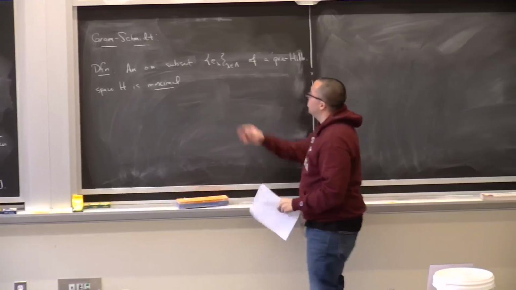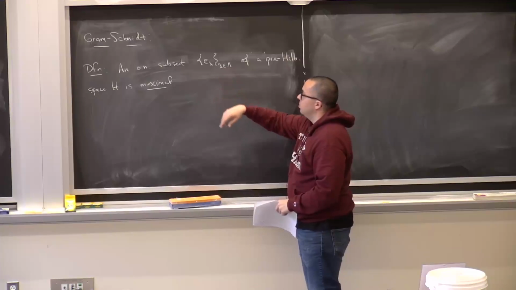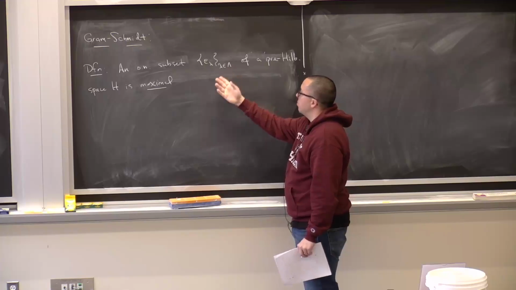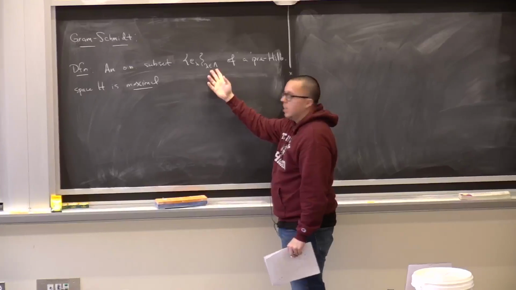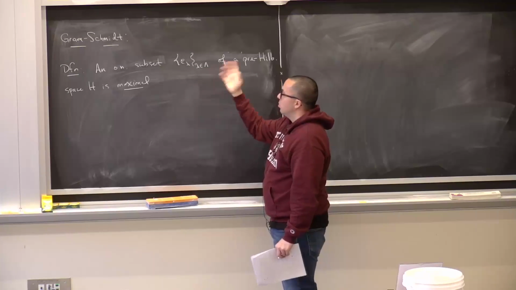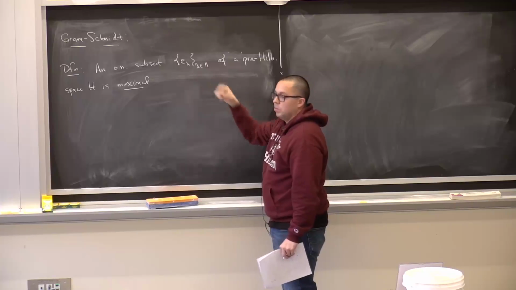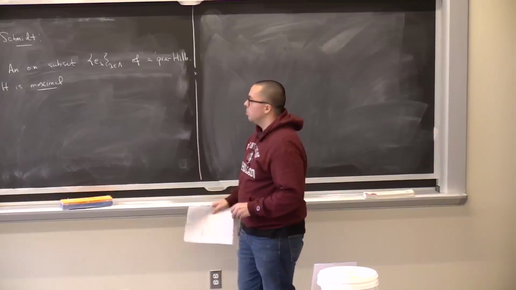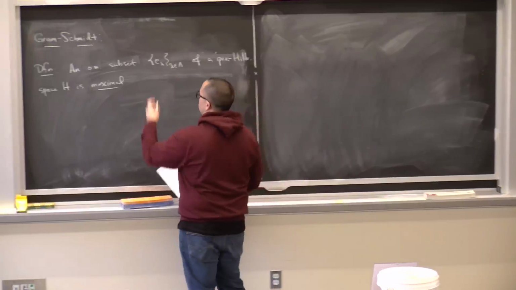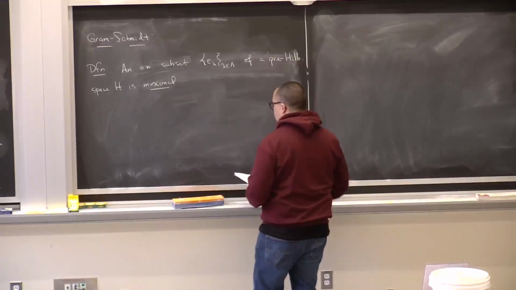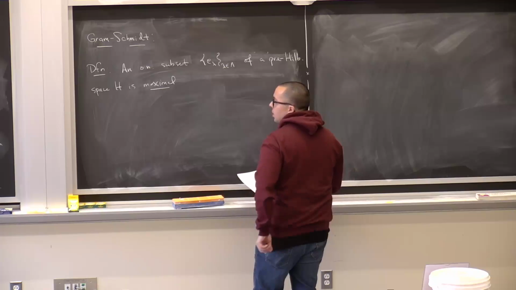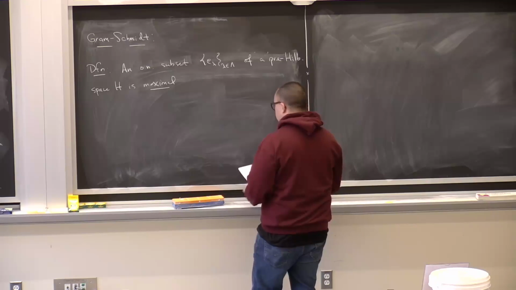So again, if having a possibly uncountable collection of orthonormal vectors indexed by some indexing set makes you uncomfortable, replace this with n, where n goes from 1 to capital N, or from 1 to infinity, so a countable collection, if you like. But I'm stating this so that you know that something more general is true.